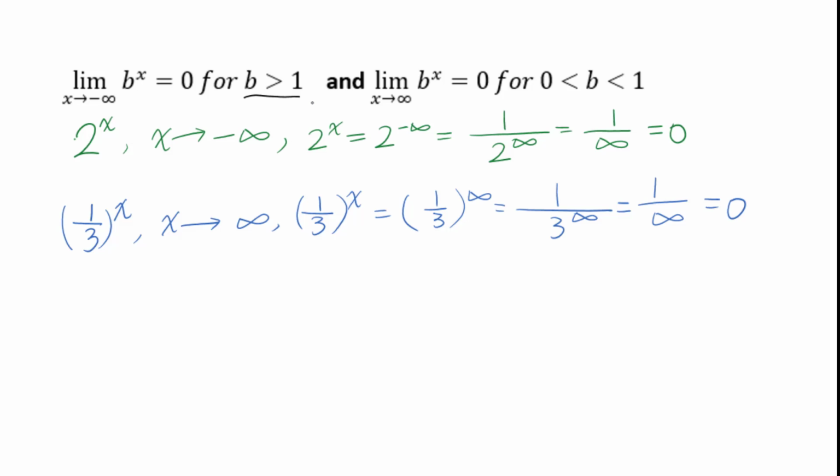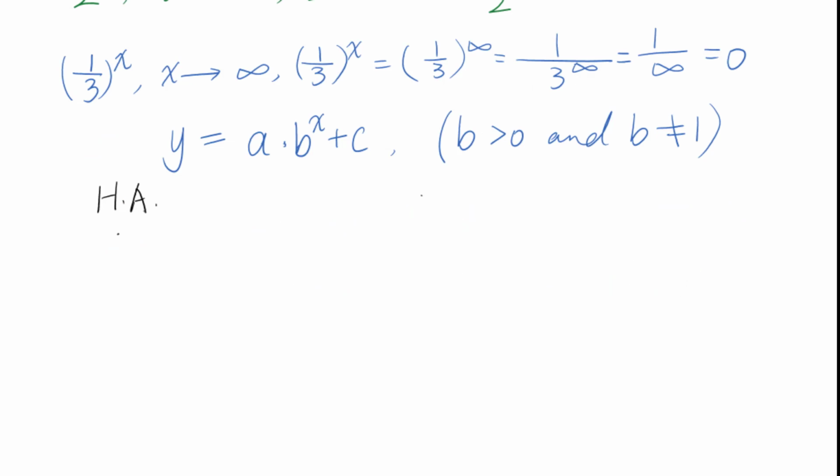We will use this property to figure out the horizontal asymptote line of an exponential function. For example, for y equals a times b to the x power plus c, for b greater than 0 and b not equal to 1. For the horizontal asymptote line, we will use a limit.